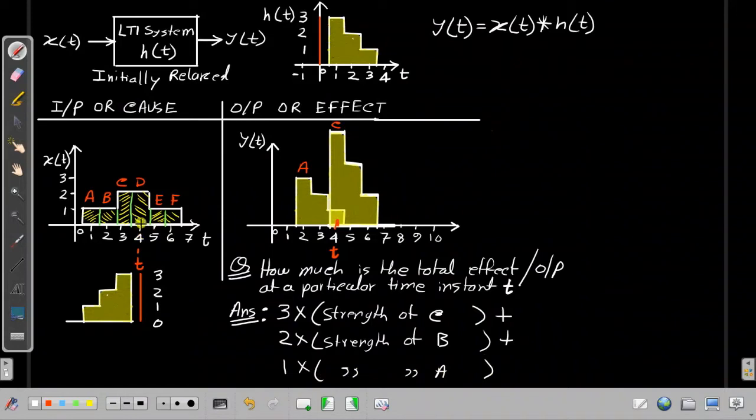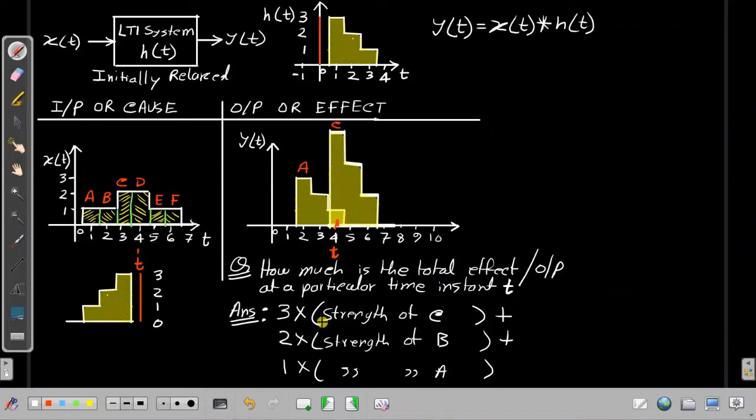So at this point of time, slice A will have effect proportional to 1, slice B will have its effect multiplied by this factor 2, and slice C will have maximum effect at this point because this point is closest to slice C. This is the total effect at this point of time.